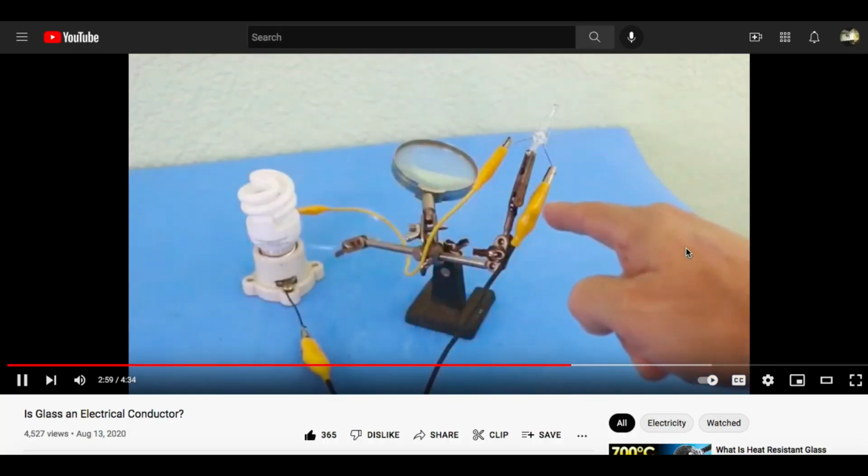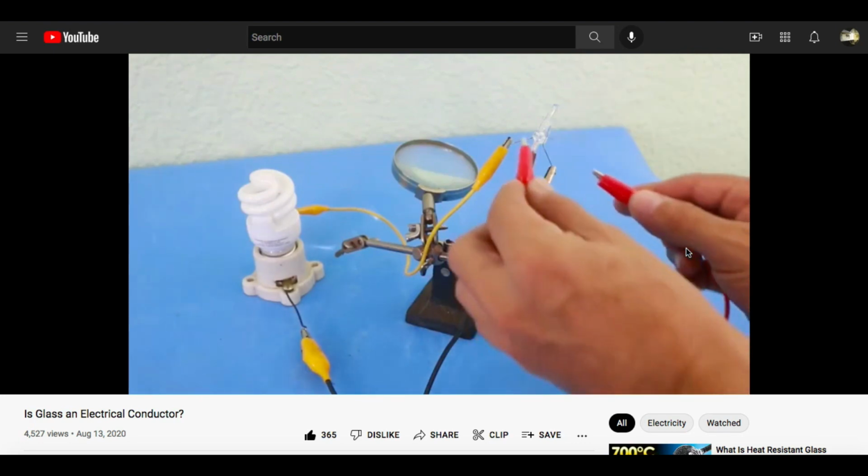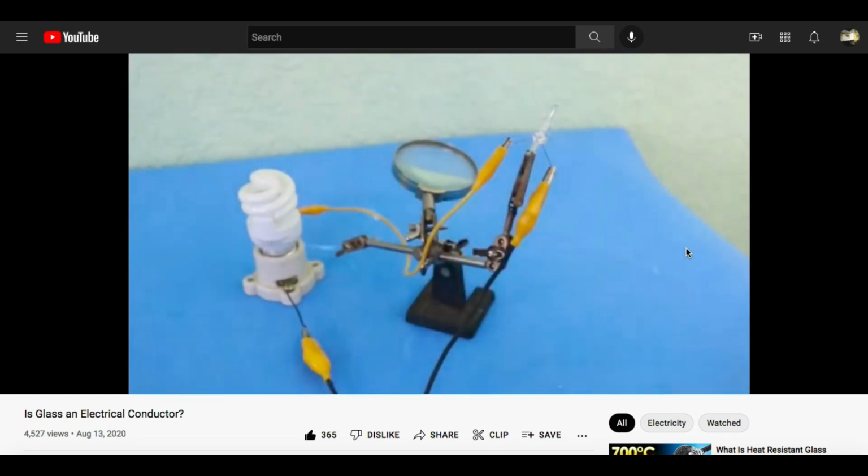Then through the glass and back to the electrical contact. Right now it is connected, but electricity does not flow because glass is not conducting at room temperature. If we bypass the glass, you can see how the lamp turns on. Now I will use a torch to hit the glass and then see if the lamp goes on.